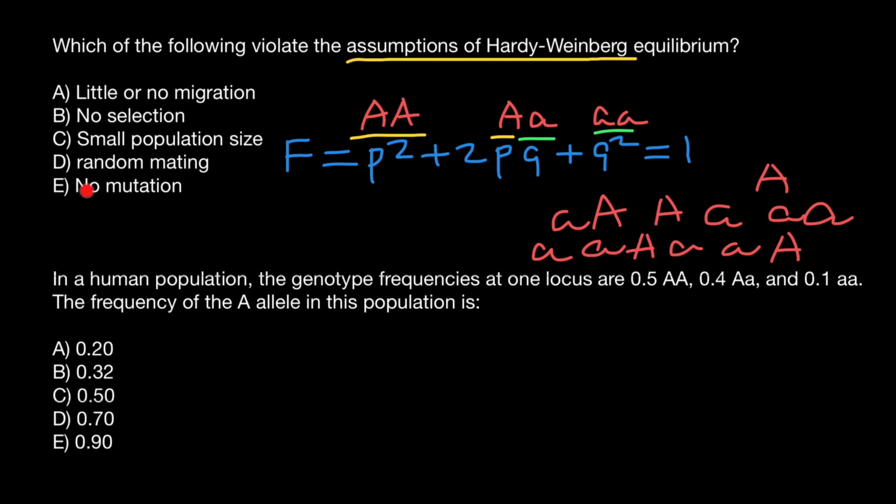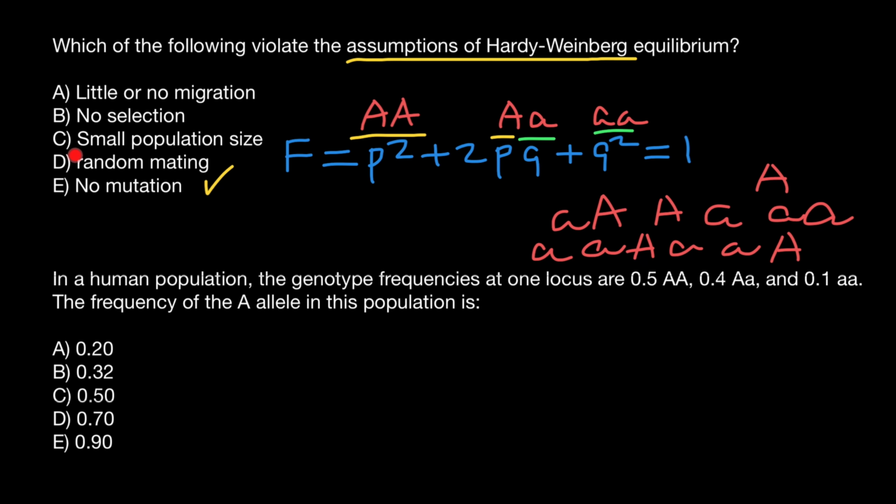Each mutation can shift the frequency of these alleles in the gene pool a little. So the first assumption is that there shouldn't be mutation, in order for the three genotypes to be stable from generation to generation, so their frequencies should not change.